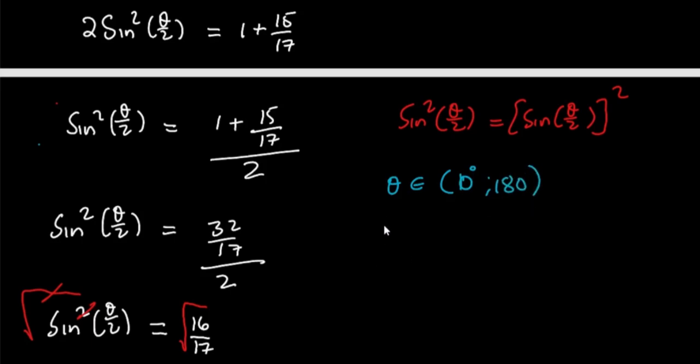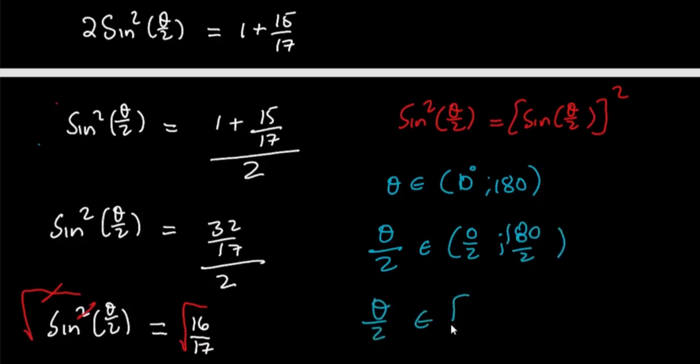But look at this, we are looking for theta over 2. So this tells us that we need to divide everything by 2. So theta over 2 must be an element of 0, and 180 divided by 2 will give us 90. And that's it.